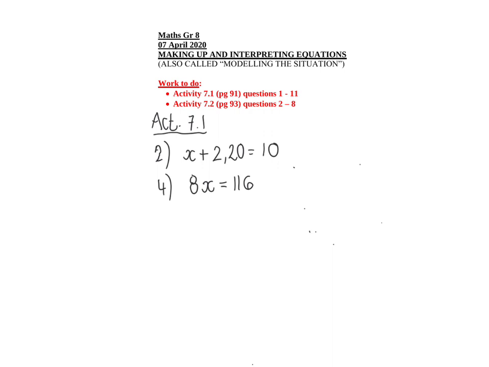That's it. And then in question 6, a piece of rope 8 meters long is cut up into X equal pieces. If each piece is a ½ meter long, write an equation which you could use to find the number of pieces.